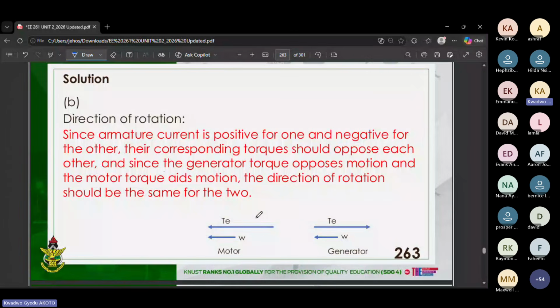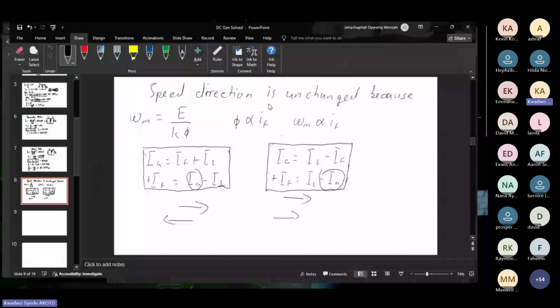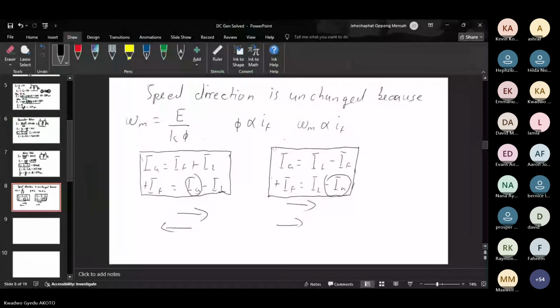So we know that for a motor, IA is in motion, right? And then for a generator, IA opposes motion, right? That is why the direction remains unchanged. Okay, very simple.